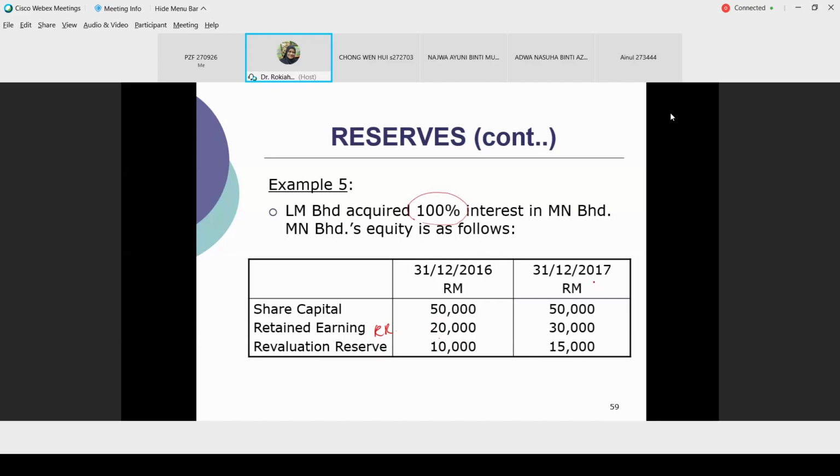Now it comes to 31st December 2017. Share capital remains, but retained earnings has increased to 30, so an increase of 10. The revaluation reserve has an increase of 5.